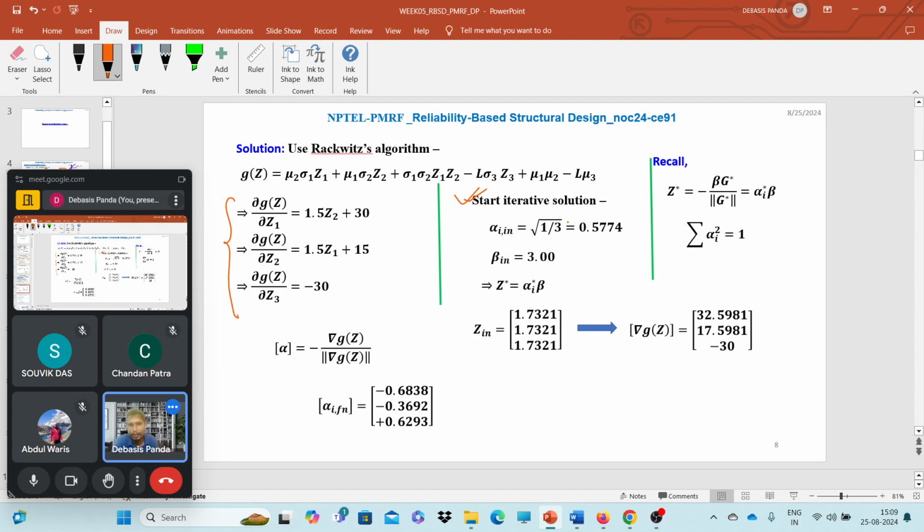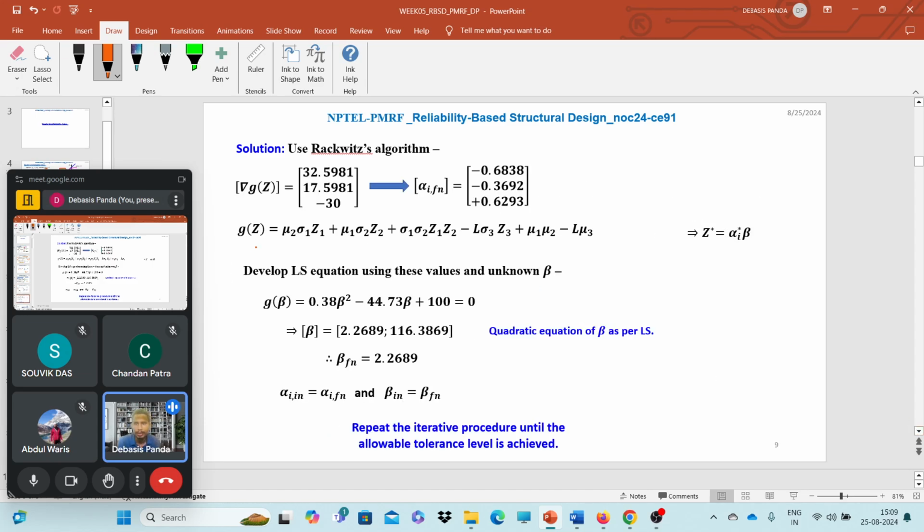Once we have those initial values, we can directly use them to find the alpha values. Once we get the alpha values, based on them we need to solve that equation, g of Z in the standard normal space. If we put all the values here, alpha 1, z1, alpha 2, z2, everything is there.